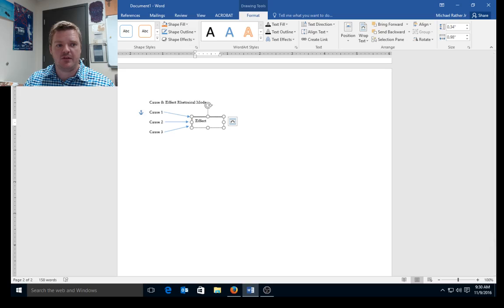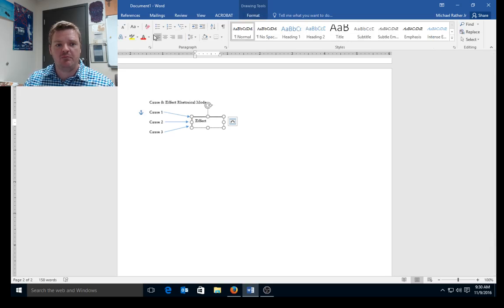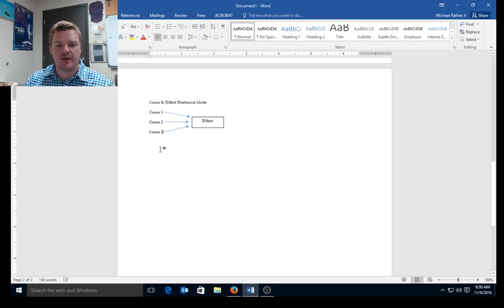But this oversimplification is valuable when you're thinking about this paper and how you should organize this paper. Again, this is the graphic organizer 19.1 in the textbook on page 466. If it's a different edition, it's going to be on a different page number. But you can find these pretty easily.